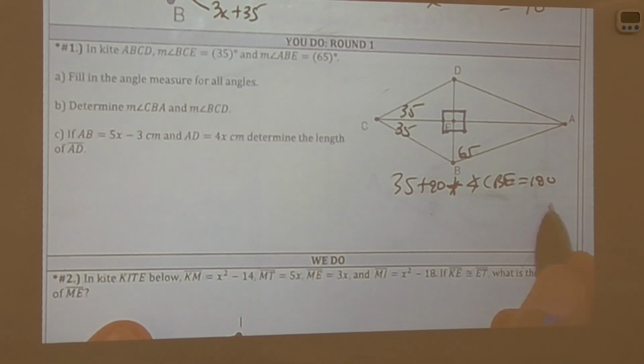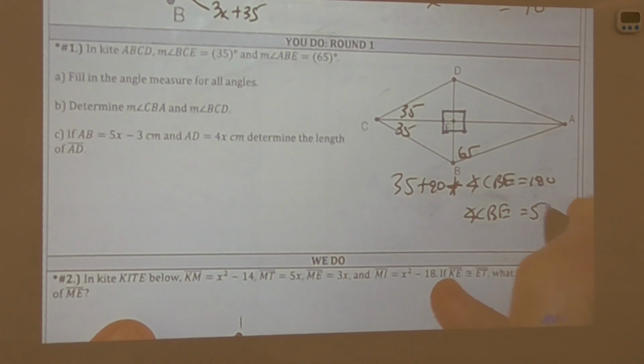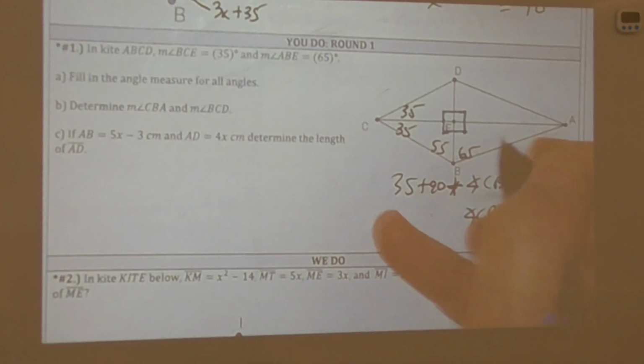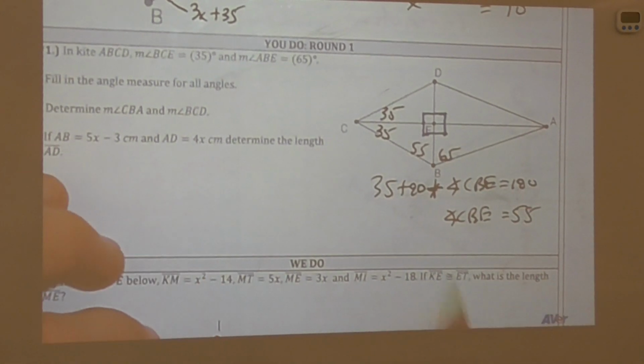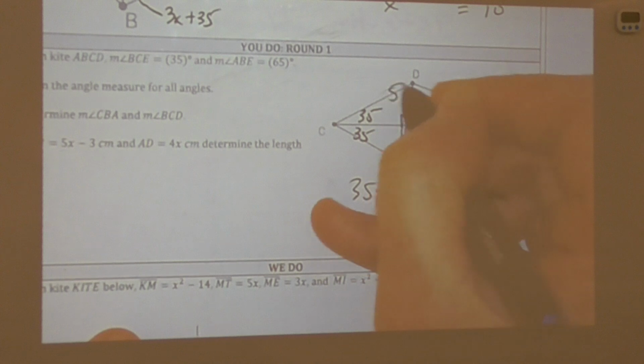And then we subtract 125 from both sides and we get angle CBE equals 55 degrees. Then the triangle on top has the same angles as the triangle on the bottom, so this is also 55 degrees.